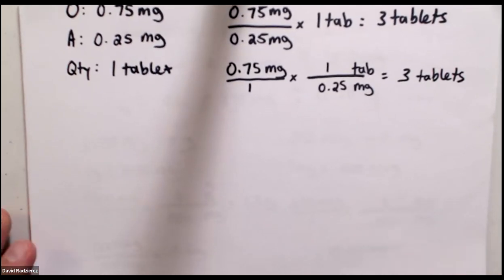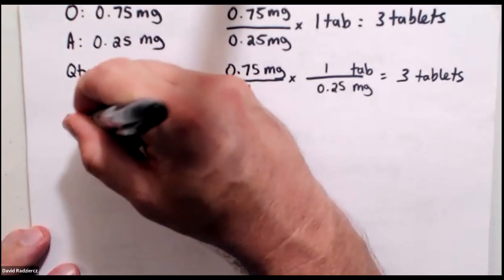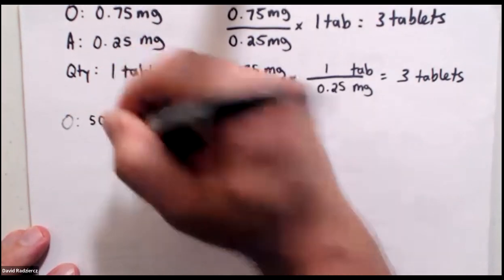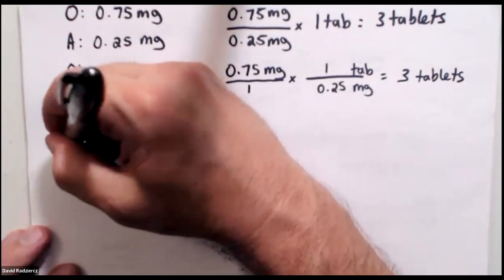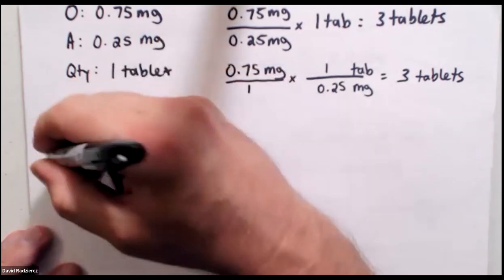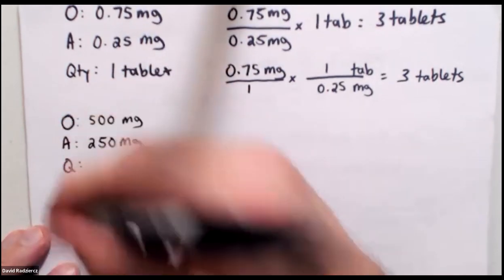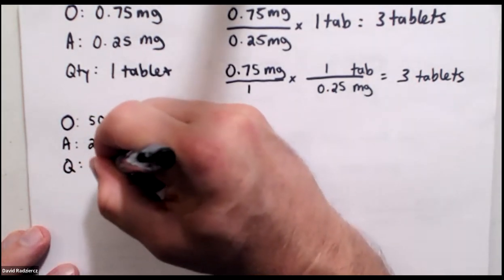So I'm going to follow the same strategy I did up here. My order is 500 milligrams. My available is 250 milligrams. And my quantity, I'm just going to write Q, is going to be 1 capsule.